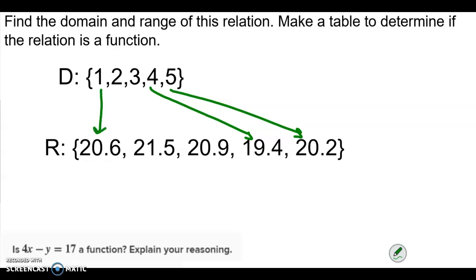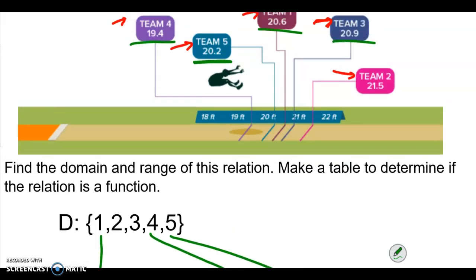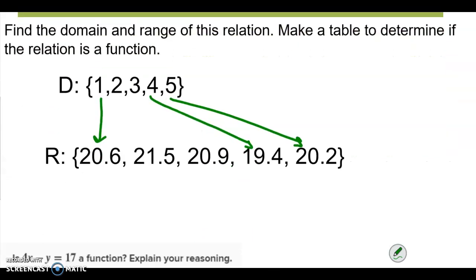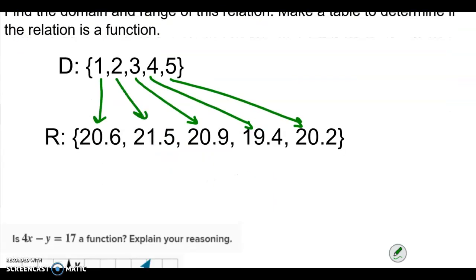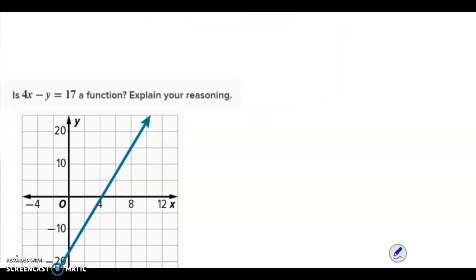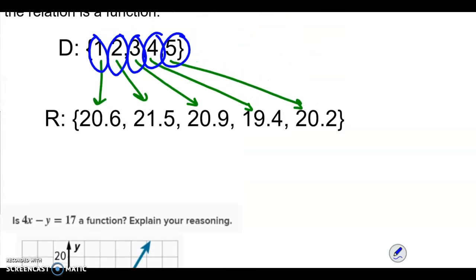Right there. Team 3 goes to 20.9. And team 2 goes to 21.5. And you can see that none of these x's are going to more than one y value. So this would be yes.